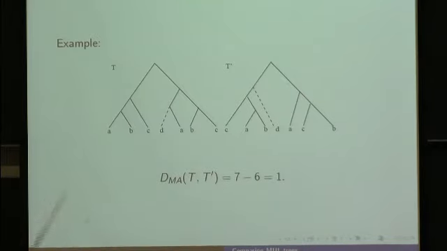So the leaf set size of my maximum subtree is 6. I have 7 leaves altogether, so the distance is 1. So again, it's a completely different answer from the Robinson-Foulds distance and also from the nested label distance we had before.